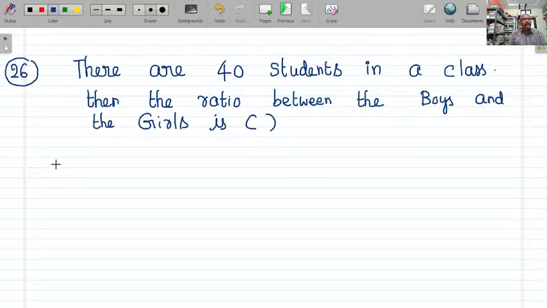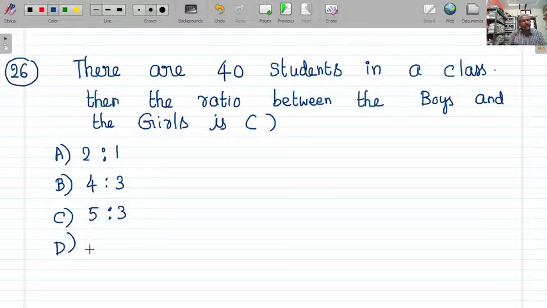Option A is 2 is to 1, option B is 4 is to 3, option C is 5 is to 8, option D is 7 is to 4.